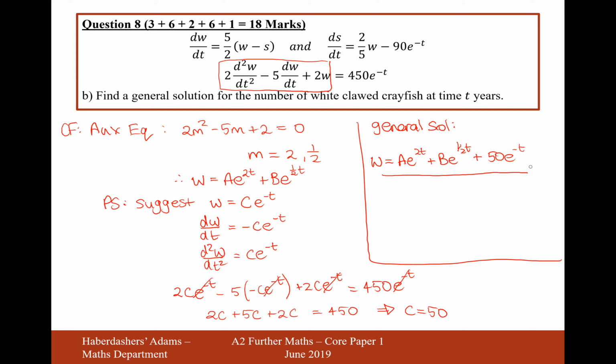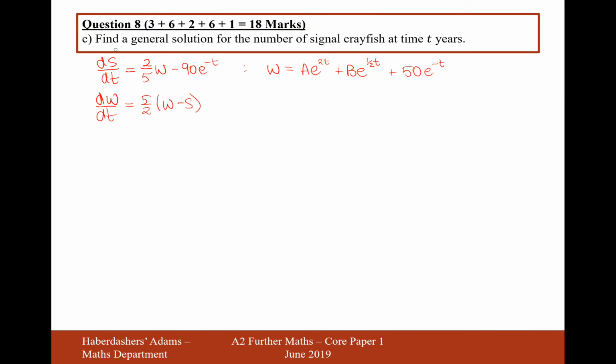And there we are, that's our solution for part B, the general solution for this second order differential equation here. So part C is find a general solution for the number of signal crayfish at time t years. I think what we'll do is we'll pick out this differential equation here and then plug w back into it. But what might be helpful to know is what dw by dt is equal to.